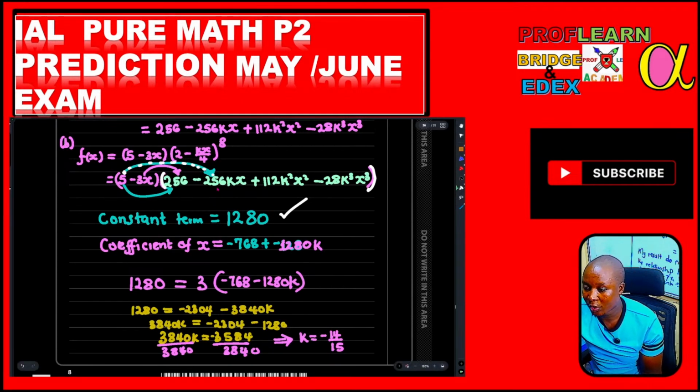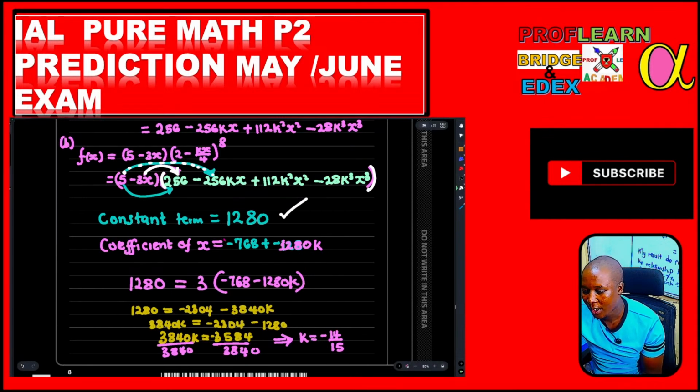And remember, this is going to be a minus. And also, if you multiply minus 3x times 256, you're going to get a term with x, which is going to be 256 times 3, that's 768.